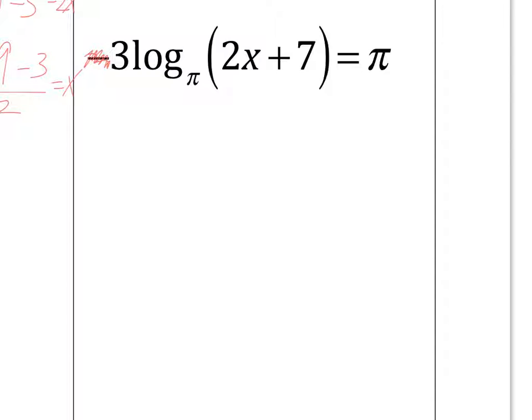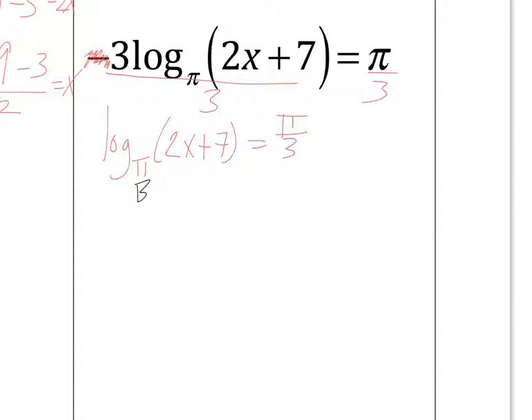Last one of these, we've got 3 times log base pi of 2x plus 7 is equal to pi. I might divide by 3 first. And we get log base pi of 2x plus 7 is equal to pi over 3.